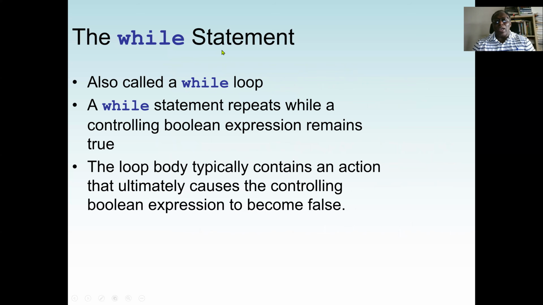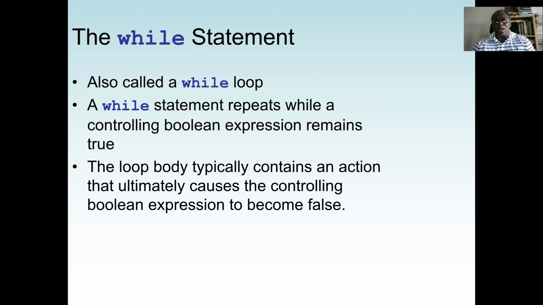So we start with the while statement, which is also called the while loop. And here we say that a while statement repeats while a control Boolean expression remains true. So in a while loop, we have a condition. When the condition is true, the loop will execute.